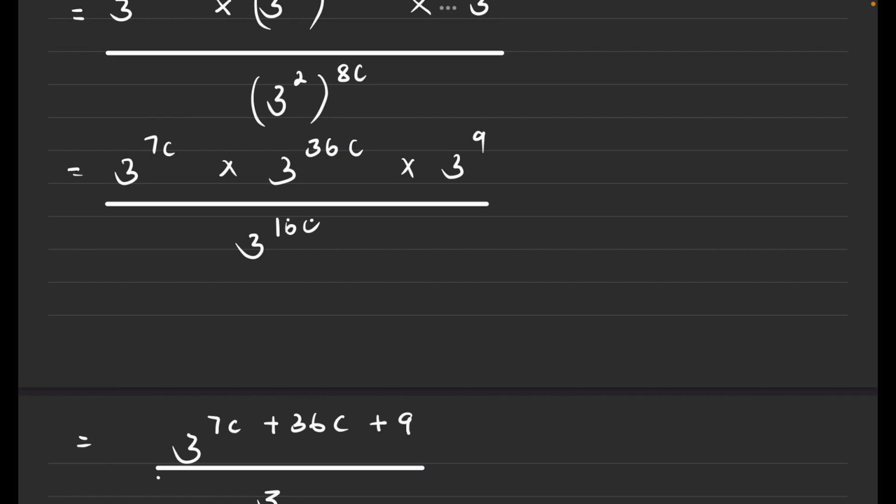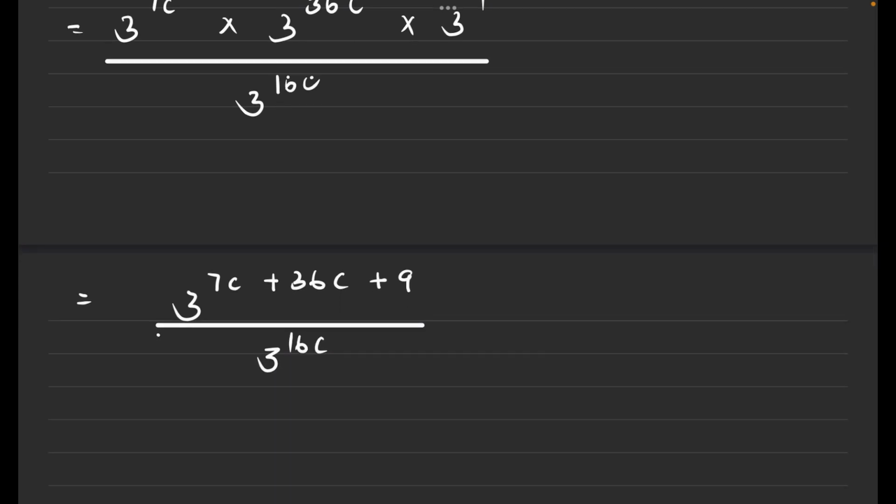By 3 to the power 16c. Okay, guys. So what is 7c over here plus 36c? That is going to be 43c plus 9, right? We divide everything by what? By 3 to the power 16c.